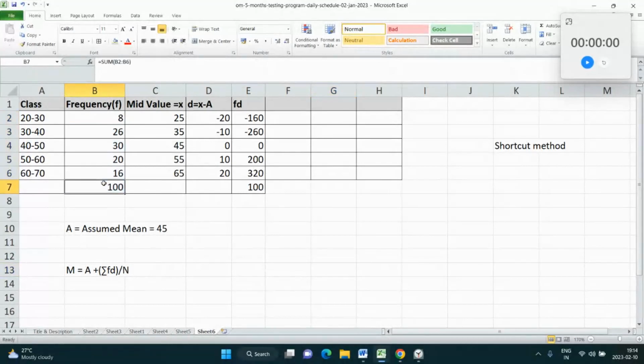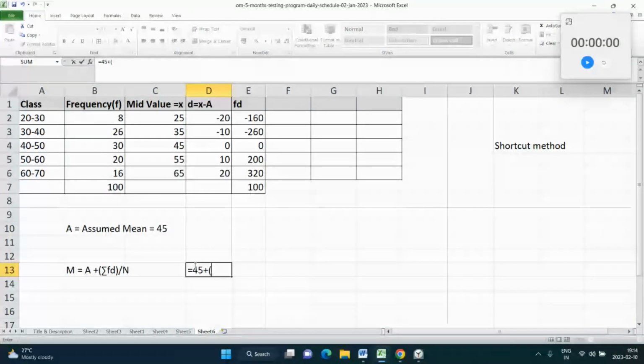That's correct. Now let us calculate this, which is equal to, what is a? A is 45 plus, what is f into d? 100 divided by, what is n? 100.